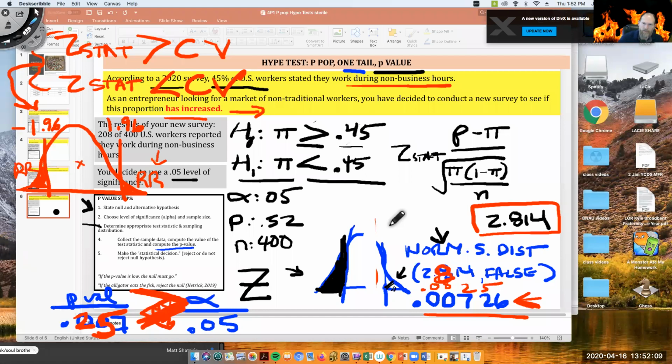If I'm trying to determine a p-value out here on the right, Greg, and I look up a Z value like this, I'm going to have to do a 1 minus because I'm out here on the right-hand side of the table.